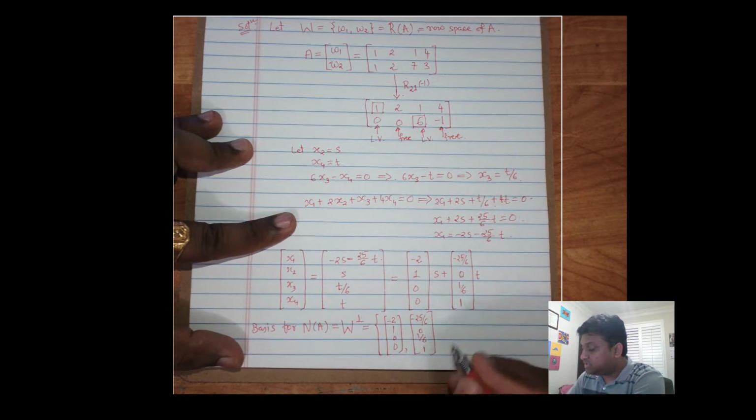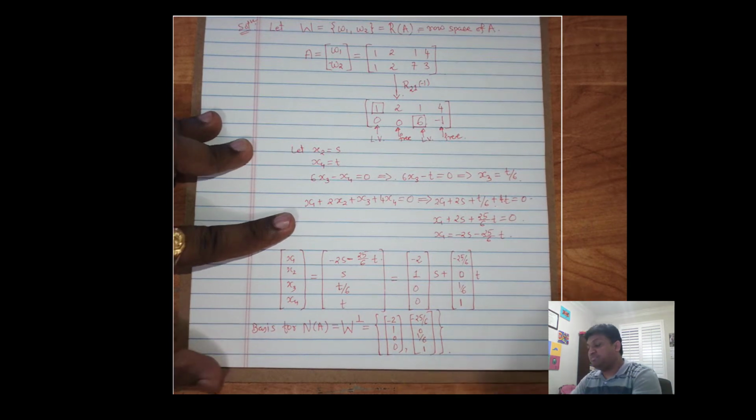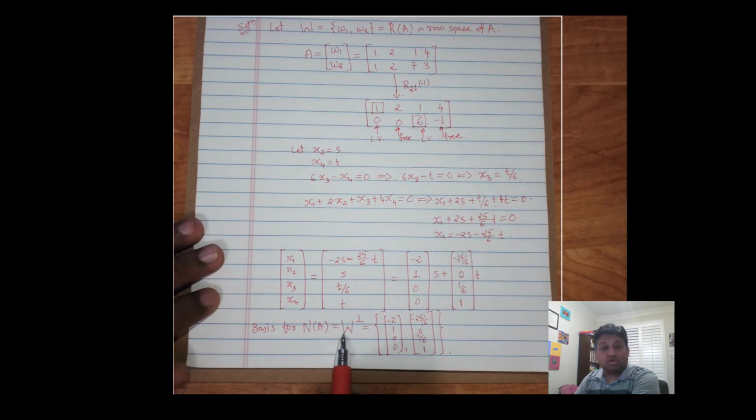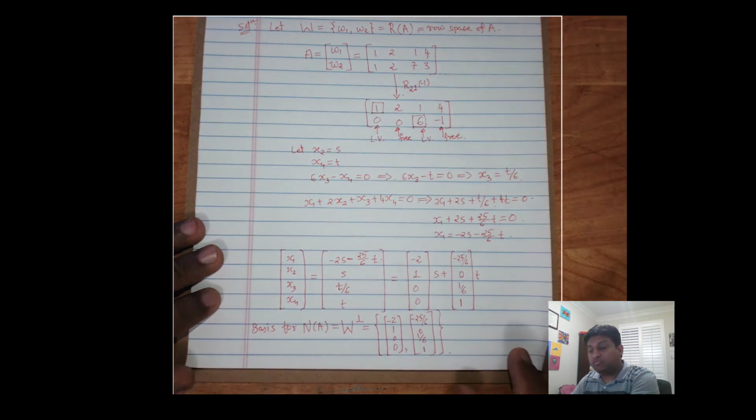Alright, so this is the set of basis. This is a basis for the null space, or a basis for the orthogonal complement of that set W.